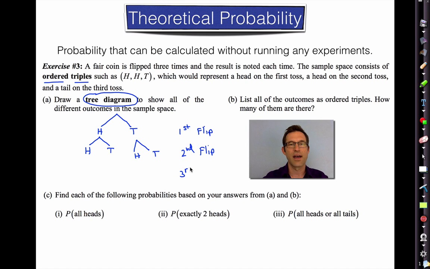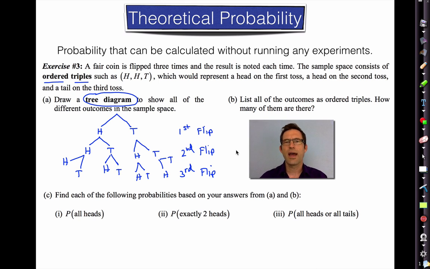Anyway, let's add the last one, the third flip. Assuming I got a head and a head, I could then get a head or a tail. Assuming I got a head-tail, I could then get a head or a tail. And likewise for the tail branches.